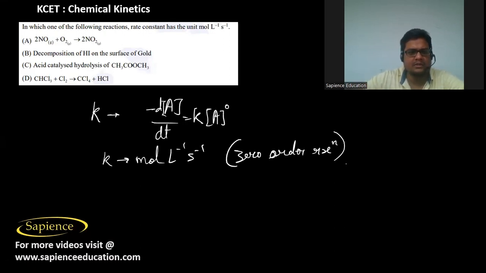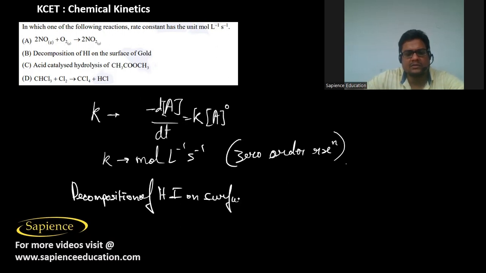So here 2NO plus O2 is not a zero order reaction, and the decomposition of HI, hydrogen iodide, on the surface of gold is a zero order reaction.